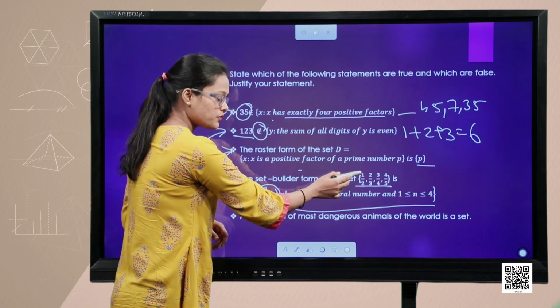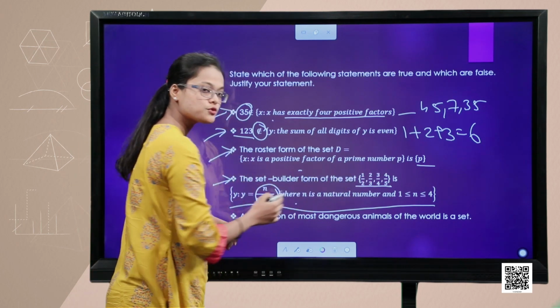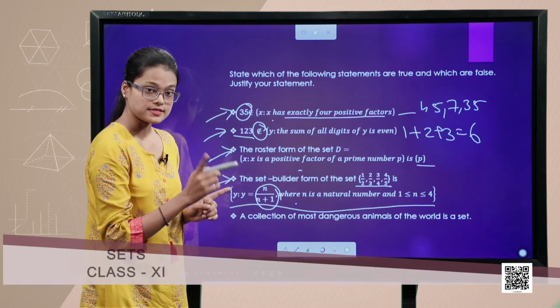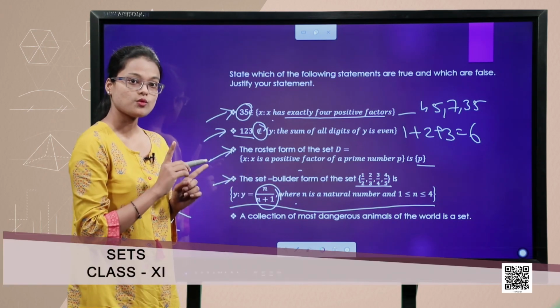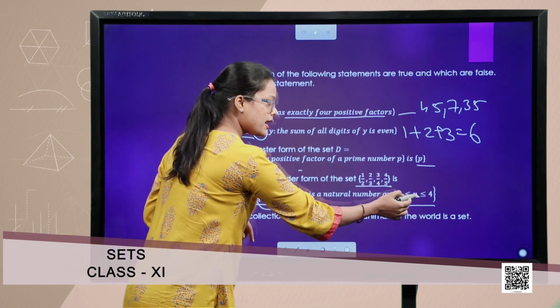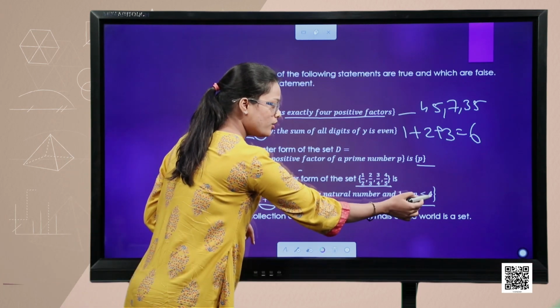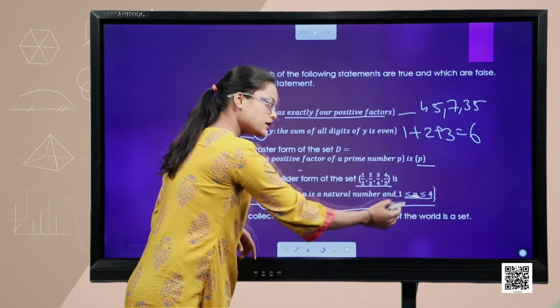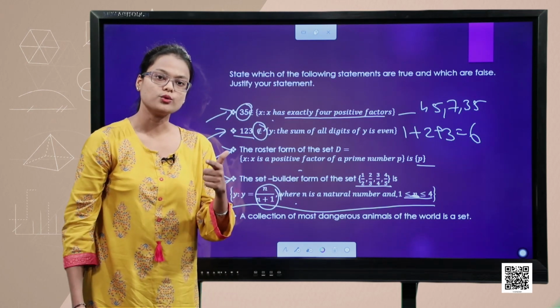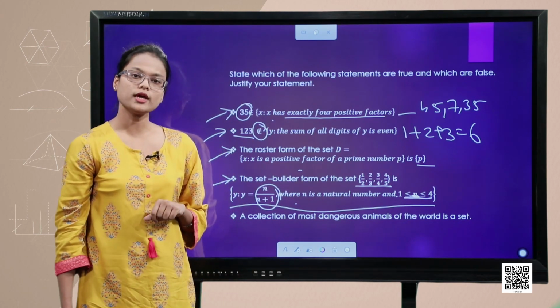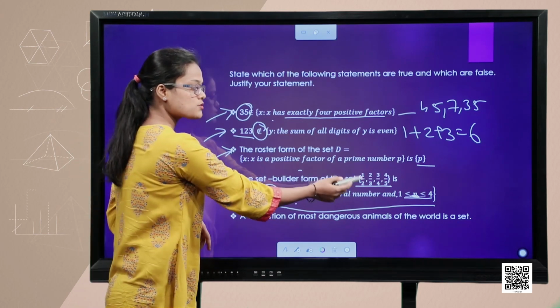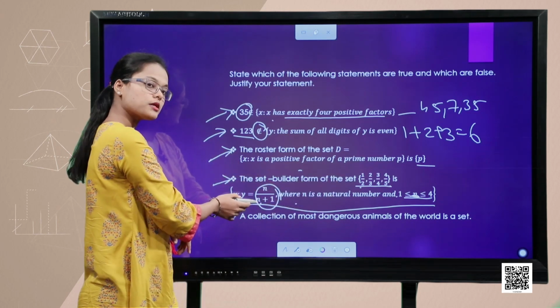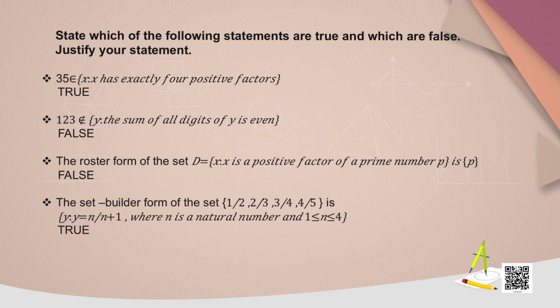The numerator n is lying between 1 and 4, and it also takes the values 1 and 4, and also all the values between. So it can take how many values? 1, 2, 3 and 4. Okay? And the denominator is plus 1 of that. So it is written n plus 1. So yes, the statement is true. This is the set builder form of this particular set.